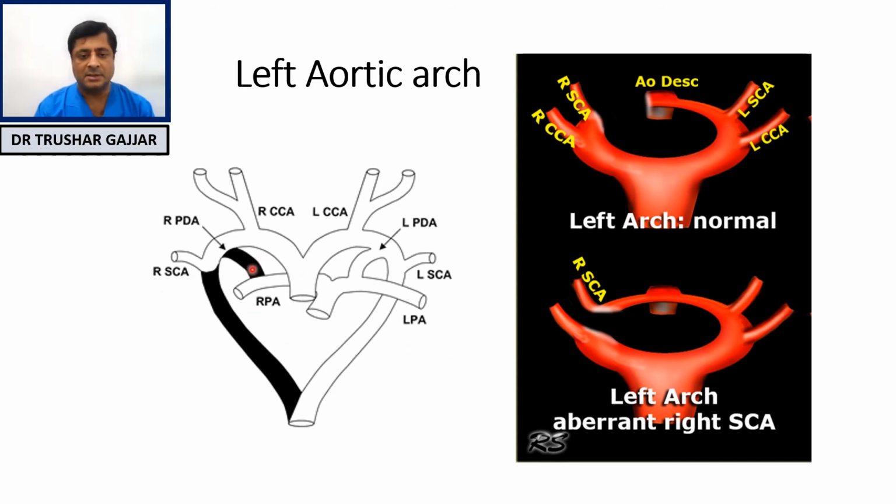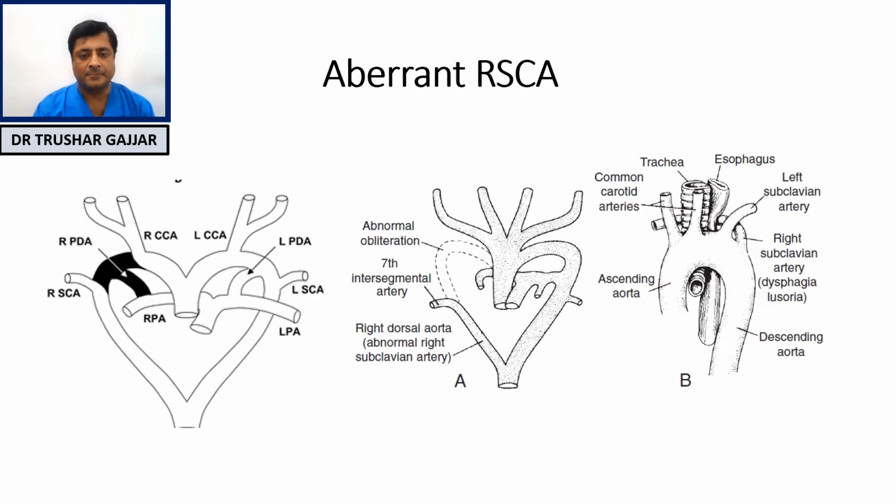So in left aortic arch, this is a normal pattern, or it will disappear between the right subclavian artery and the right common carotid artery, and this will lead to the formation of left aortic arch with anomalous right subclavian artery. So this is what it is.